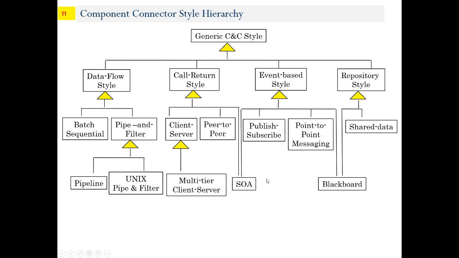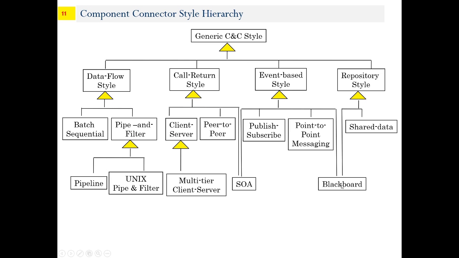This is the component-connector style hierarchy, the generic hierarchy. Just have a quick look at this. Four major types are there: data flow, call return, event based, and repository. Repository consists of shared data and Blackboard. In Blackboard, everybody can see and share. One can write, erase, so the controlling mechanism becomes difficult.